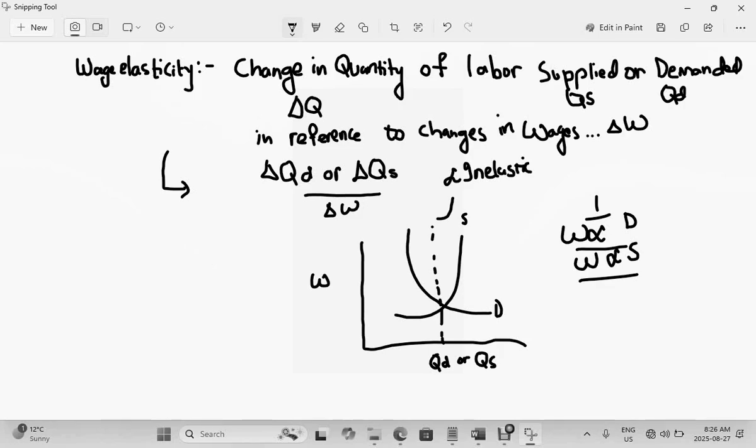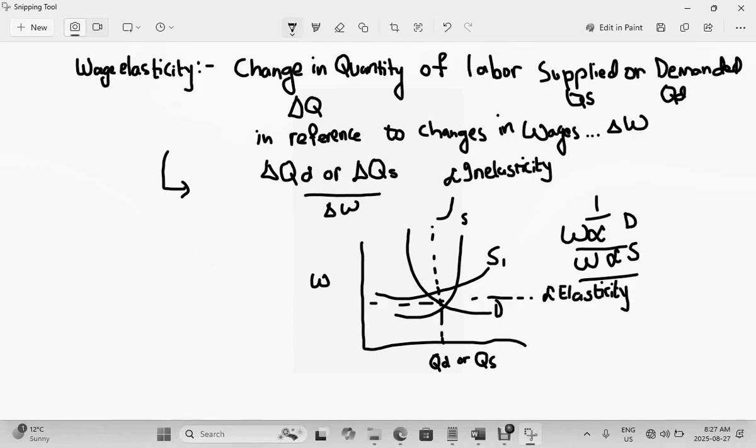If it was a horizontal line, let's say this was your supply S1, then it would be close to the horizontal line, and the horizontal line represents infinite elasticity. And when it comes to infinite elasticity, the quantity demanded or supplied, in this case quantity supplied, keeps on changing regardless of the wages.